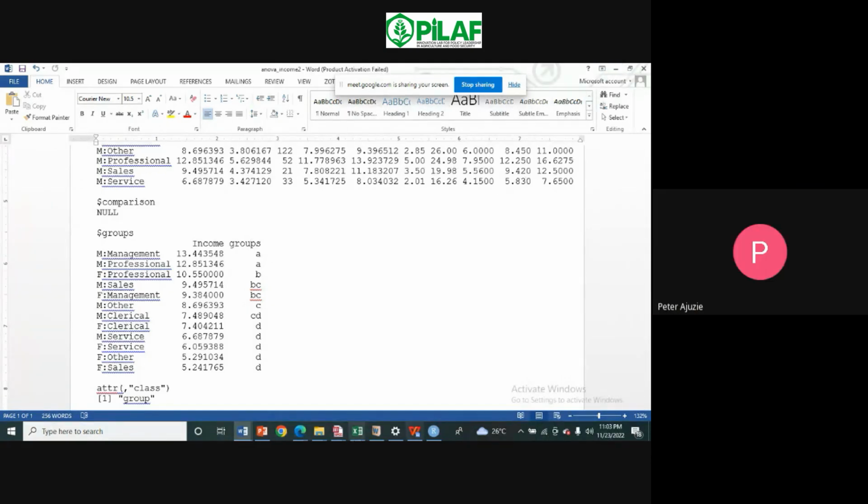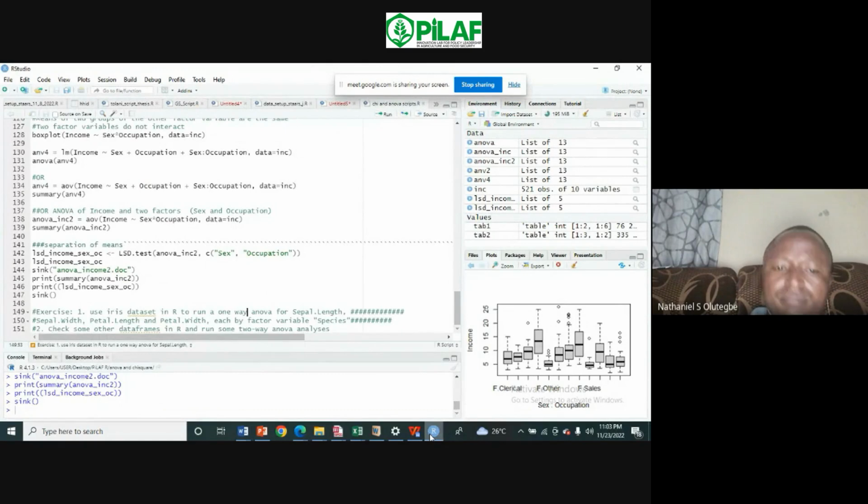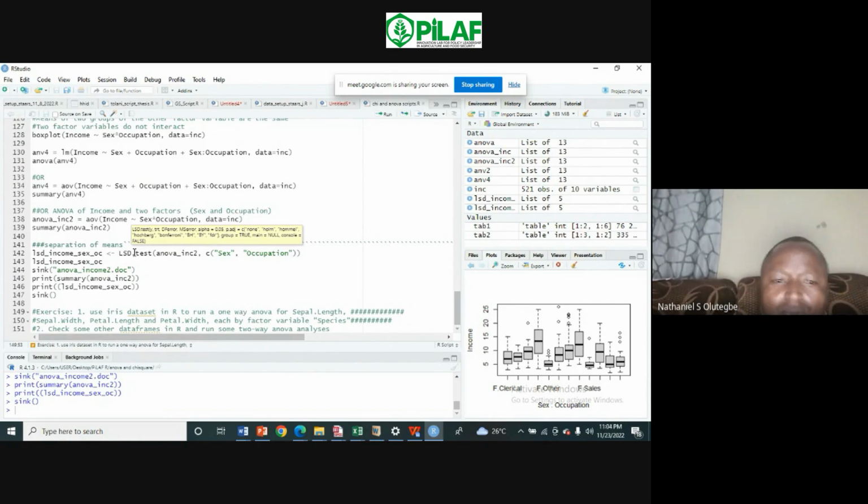Okay, sir. Please, could you be more specific? Which post-hoc tests can solve this kind of problem? You may want to consider Tukey or Bonferroni. I think Bonferroni and Tukey can do some pairwise comparison.